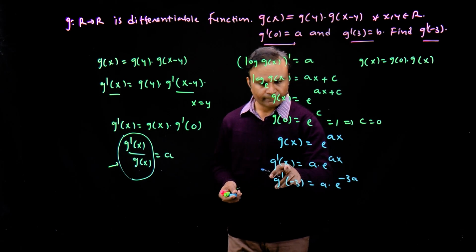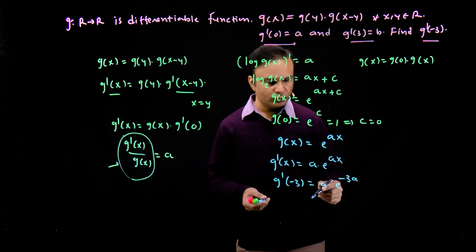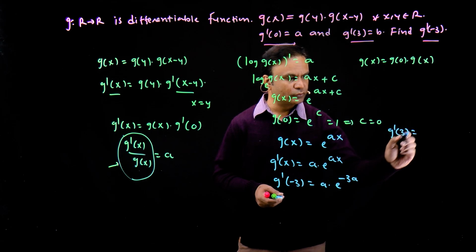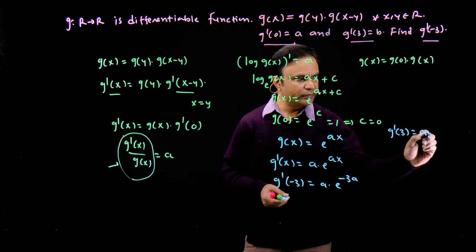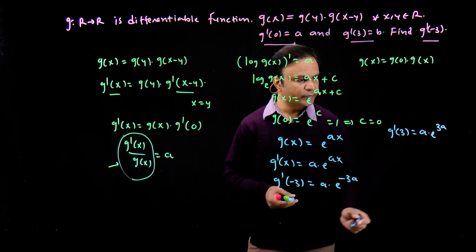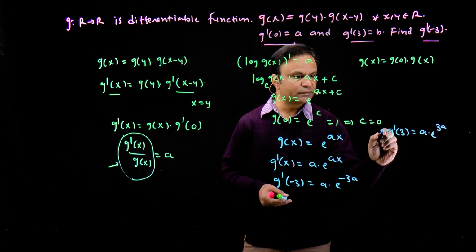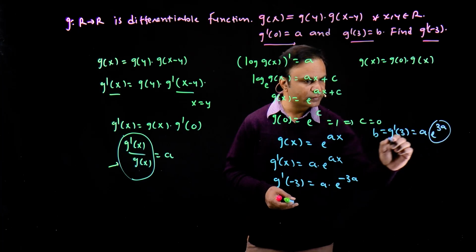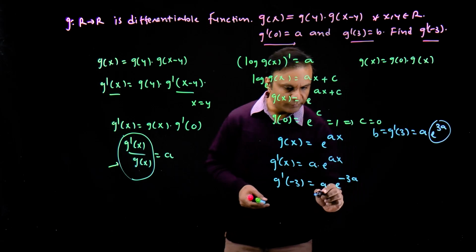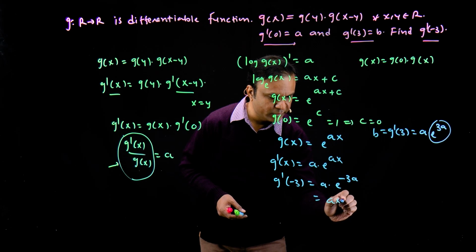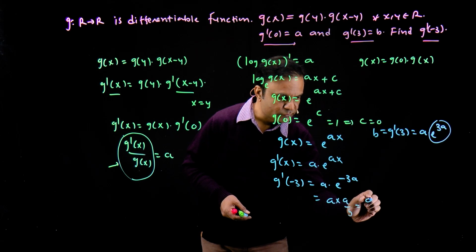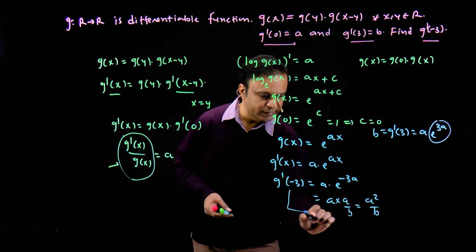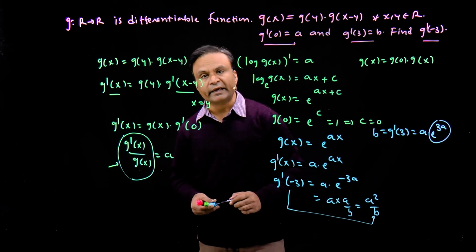In this I will put x is equal to 3. So I get g dash 3 is equal to a multiplied by e power 3a, and g dash 3 is equal to b. So the value of e power 3a is equal to b upon a. If I put this value here, I get a multiplied by a upon b. So the answer is a square upon b. I am getting g dash minus 3 in terms of a and b.